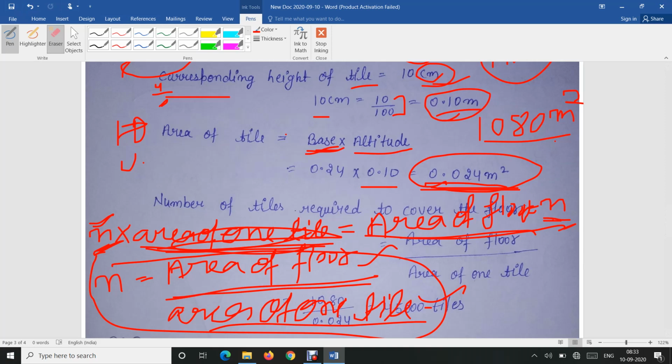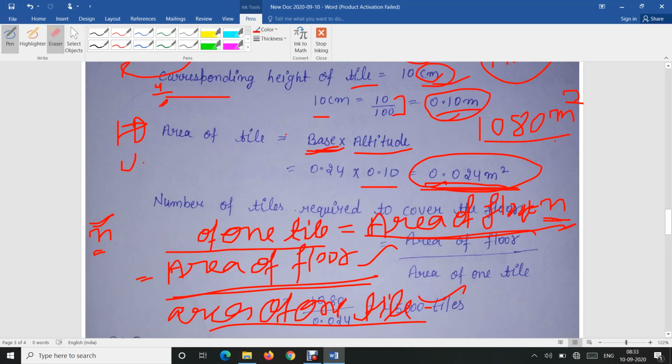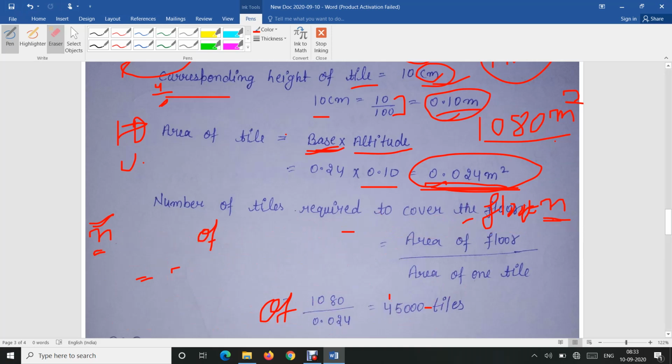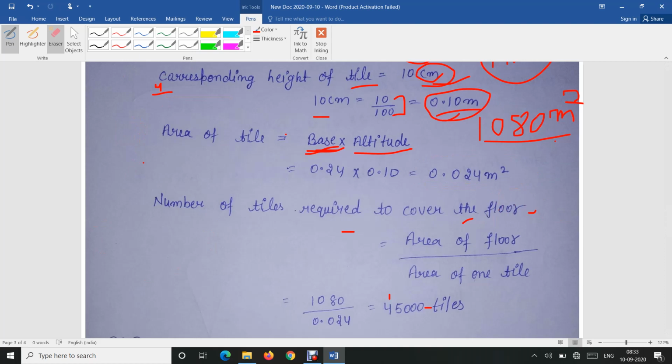We have the area of one tile and also the area of the floor, so we can simply put in the values and find the total number of tiles.